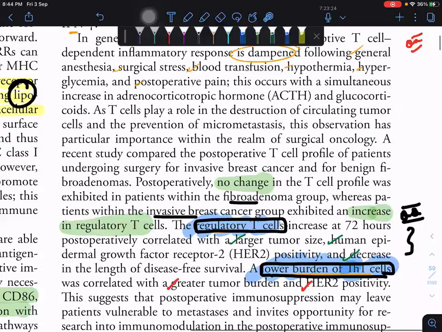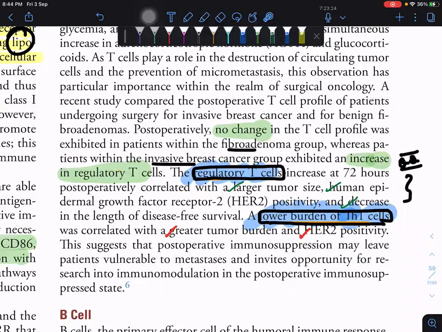And one more study is looking at this T cell response in benign and malignant disease. After surgery of the breast, for fibroadenoma or invasive malignancies, there is no change in the T cell profile in the fibroadenoma group.